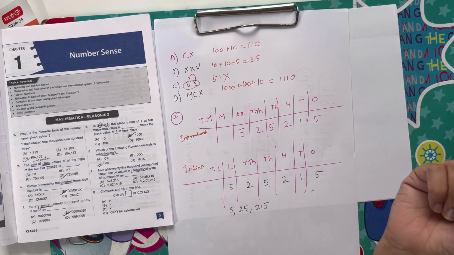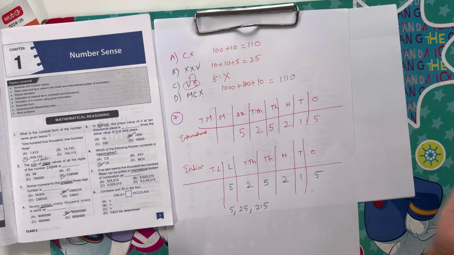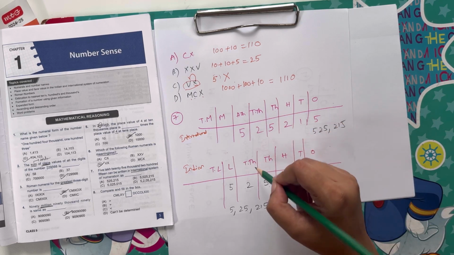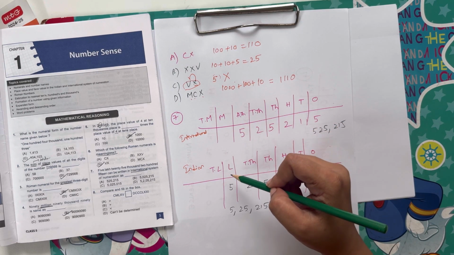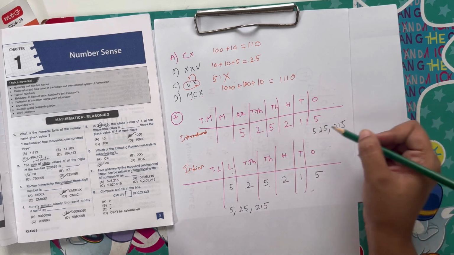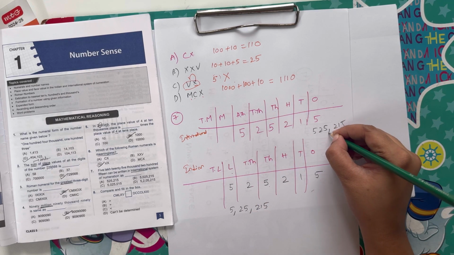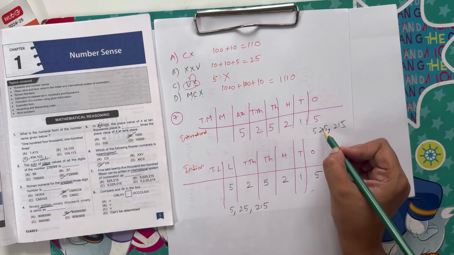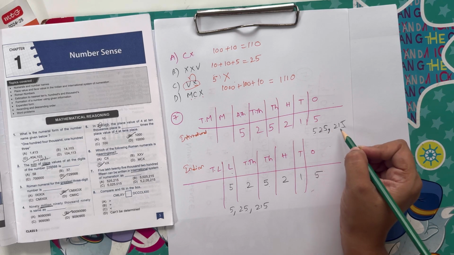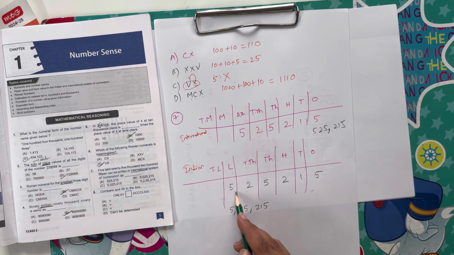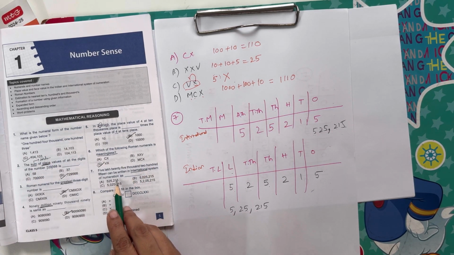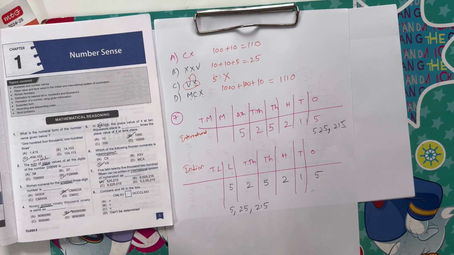Here we put commas in a different way, 525,215, because we have hundred thousands here and lakh there. That is the only difference. We call these commas periods. This is the difference between the two. Here we call it 525,215, there 5,25,215. So your option is 525215. Option A is the right answer.